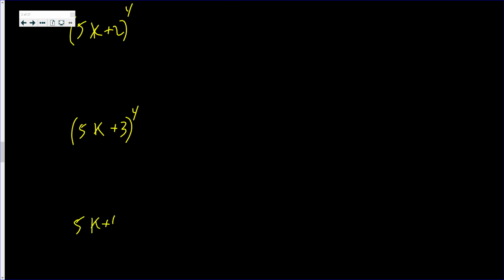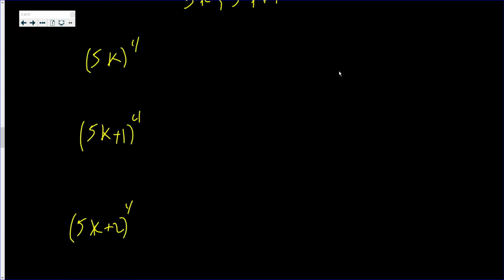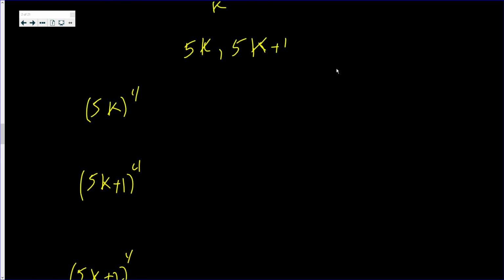And let's not forget 5k plus 4 to the 4th. Well, this is going to give us 5 to the 4th times k to the 4th. I'll break off one 5. So I have 5 times 5 cubed k to the 4th.